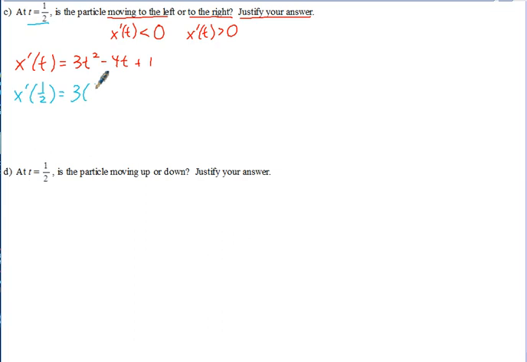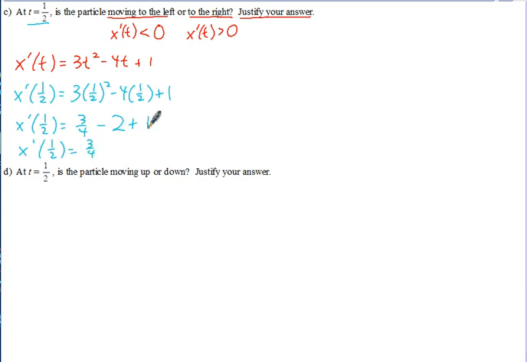So 3 times 1/2 squared minus 4 times 1/2 plus 1. 1/2 squared would be 1/4 times 3, so that would be 3/4. Negative 4 times 1/2 is negative 2, so plus 1. So you get 3/4.